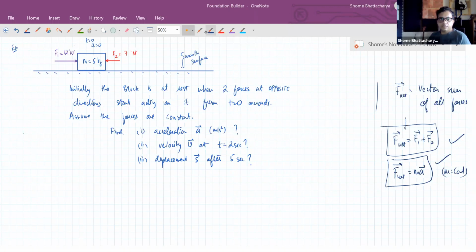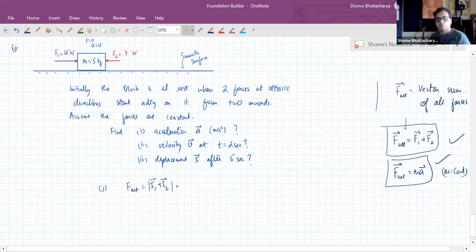Okay, good, that's correct. So first step, you need to find the net force, which is the magnitude of F1 plus F2. So how much will that become here? That will become 12 minus 7 because F1 and F2 are at theta equal to 180 degrees with respect to each other.